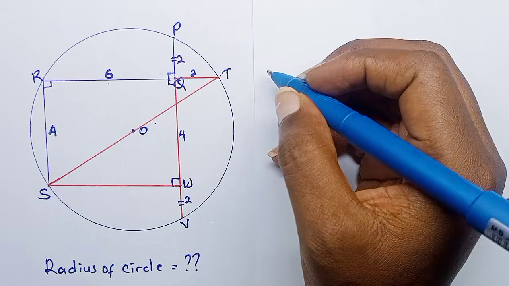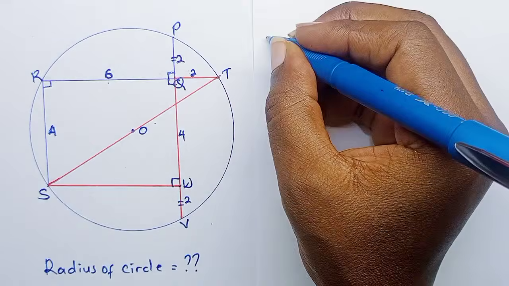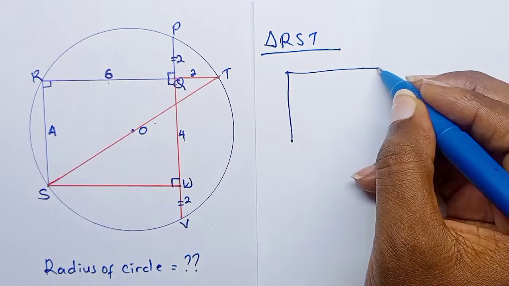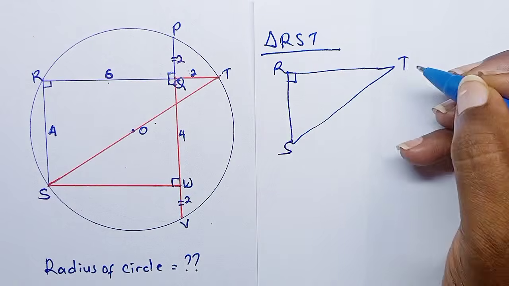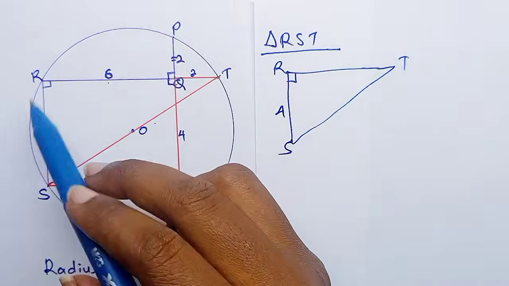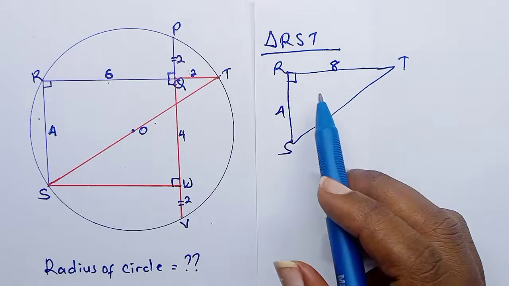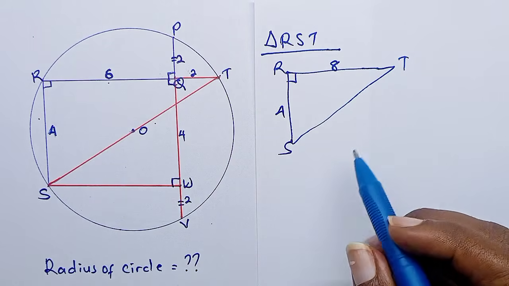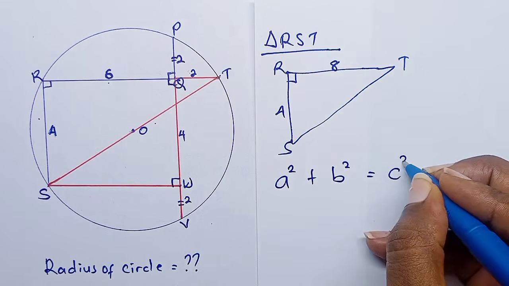So now focusing on this triangle RST, which is like this. This is 90 degrees. This is RST. This side is 4. We don't know ST. And this side RT is 6 plus 2, which we got as 8. Since it's a right angle triangle, we are going to use Pythagoras theorem to solve for ST. So A squared plus B squared is equal to C squared.